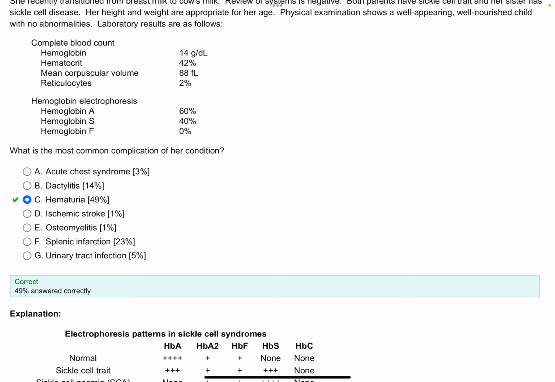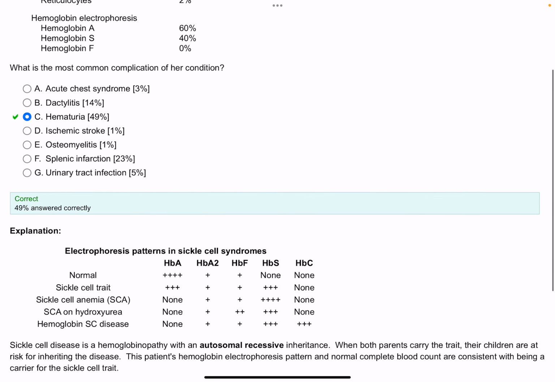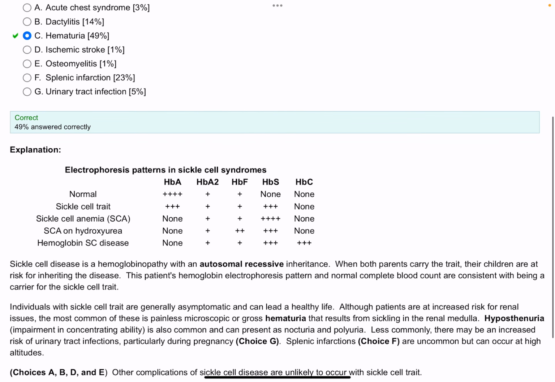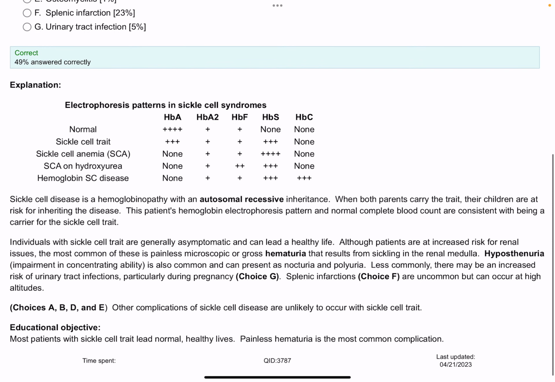It can present with a little bit of hyposthenuria, where urine is not able to concentrate, so there's nocturia or polyuria, and then they present with UTIs too. Very rarely, when there are factors in the environment, like high altitudes or precipitation of polymerization, splenic infarction occurs.